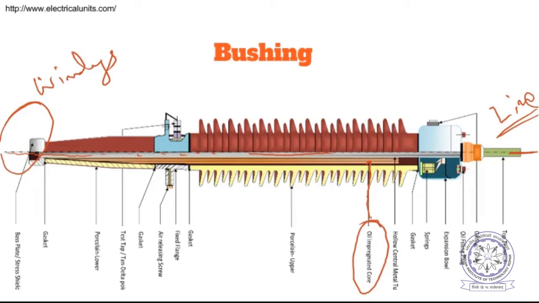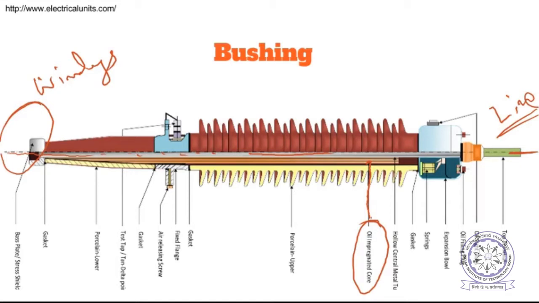So in that oil is impregnated, means it is kept in oil under pressure so that oil enters into the void spaces, etc. That will increase the dielectric strength of the paper. Such paper is wound on the aluminum or copper conductor, mostly aluminum conductor.